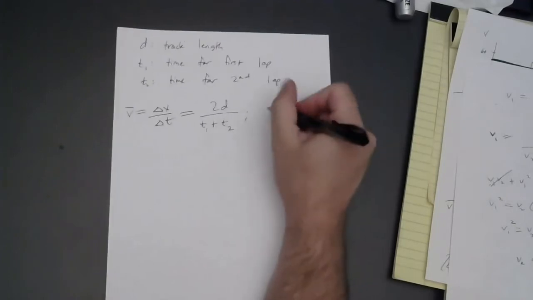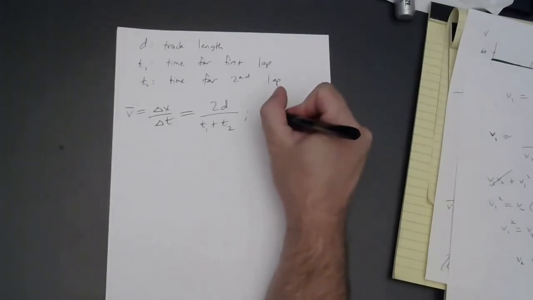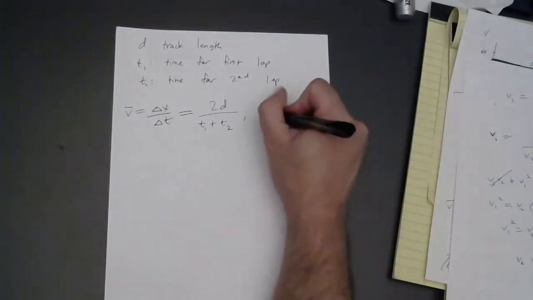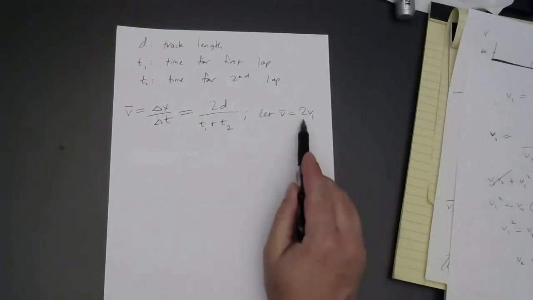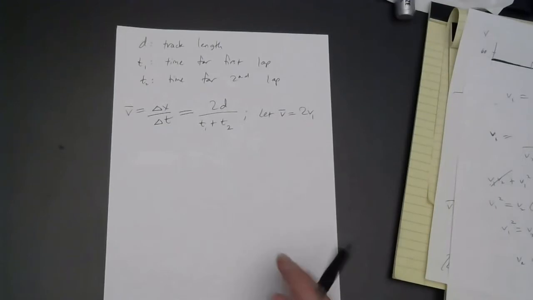And let the average velocity turn out to be double the velocity around the first lap. That was the way the problem was stated. How fast do you have to run that second lap to bring your average velocity up to double the velocity at which you ran the first lap?